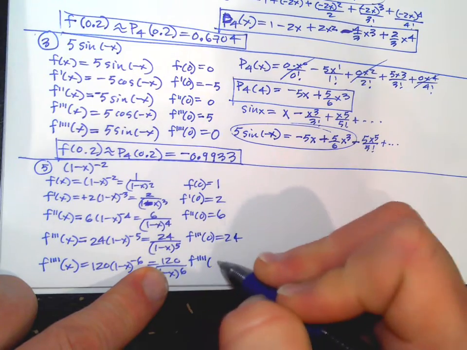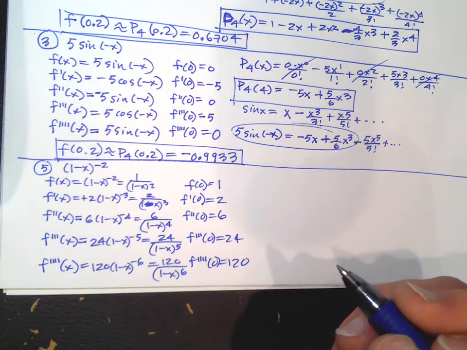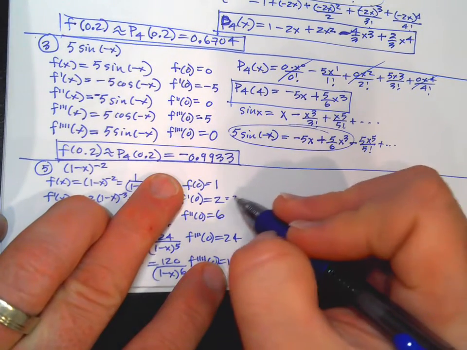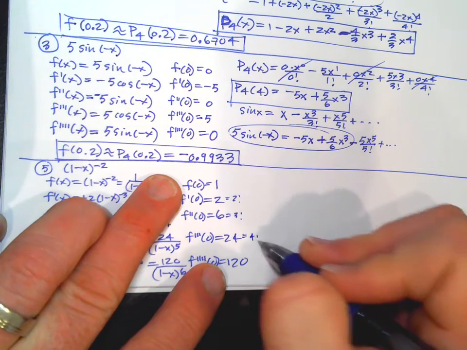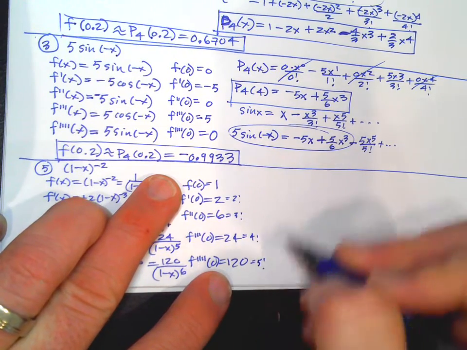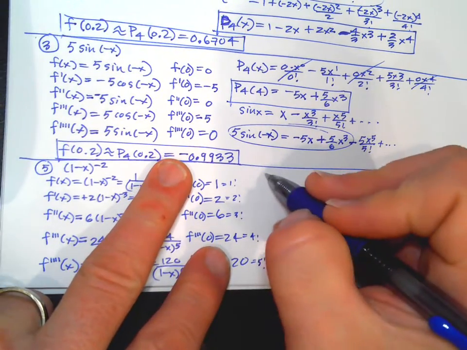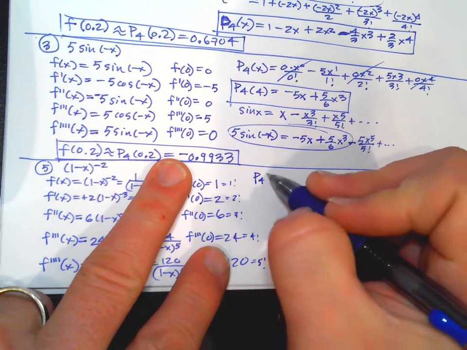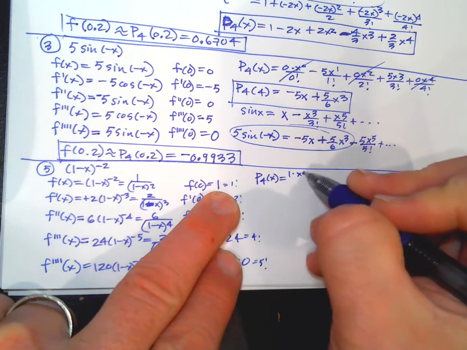And that's going to be 120. I don't know if you guys noticed, those are all factorial values, by the way. Right? This is 2 factorial, 3 factorial, 4 factorial, 5 factorial, 1 factorial. Now, the way it works is it's going to be this guy times x to the 0 over 0 factorial.